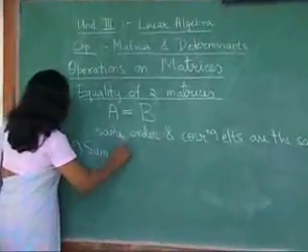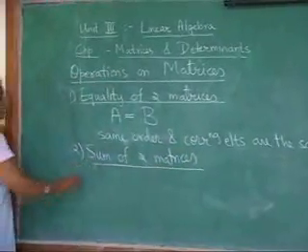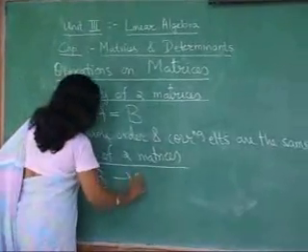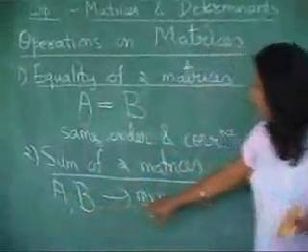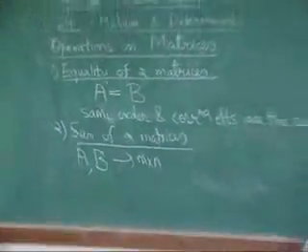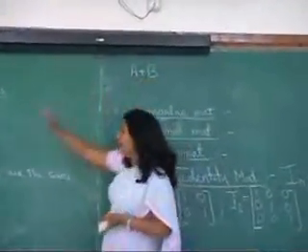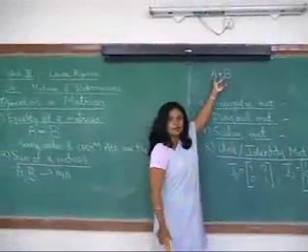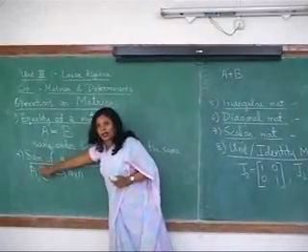Next, we come to sum of two matrices. Now here, we will be starting with two matrices. A plus B is also going to be a matrix of the same order, and to obtain the elements of this matrix, I need to add the corresponding elements of these two matrices.